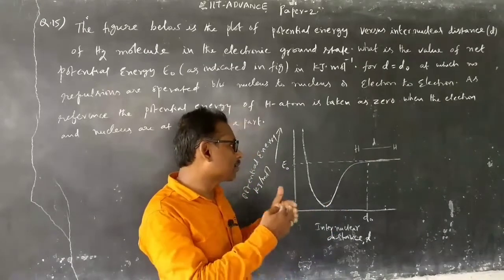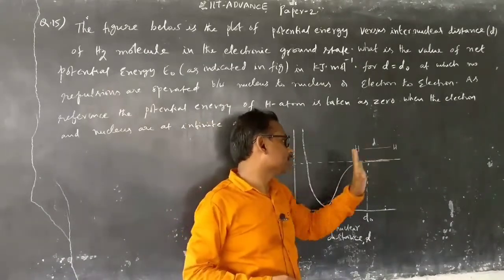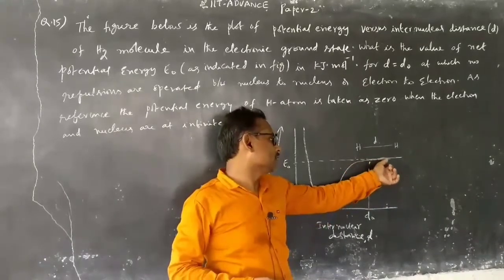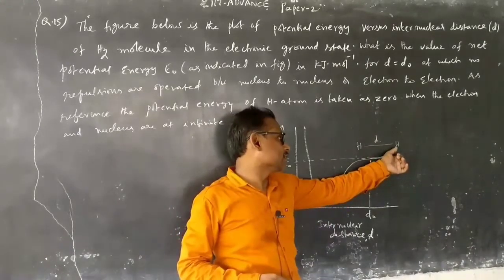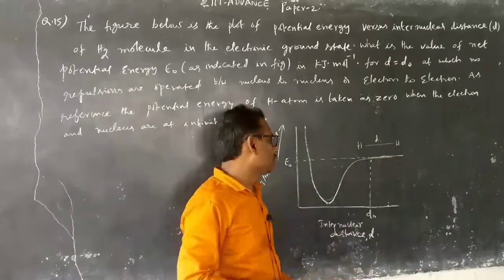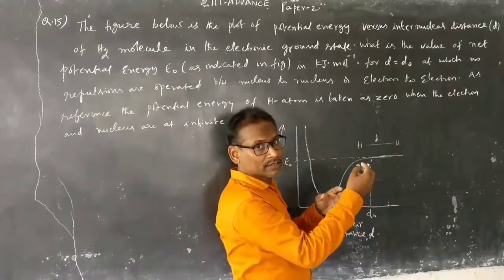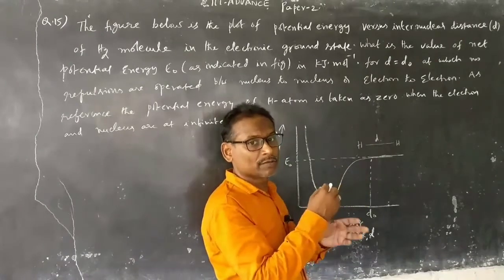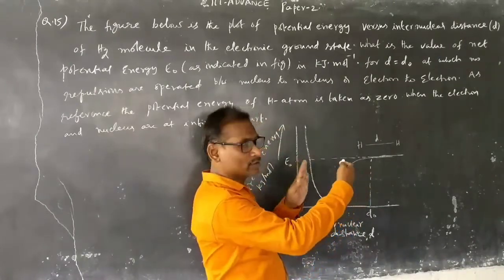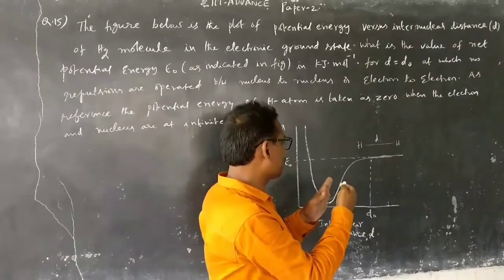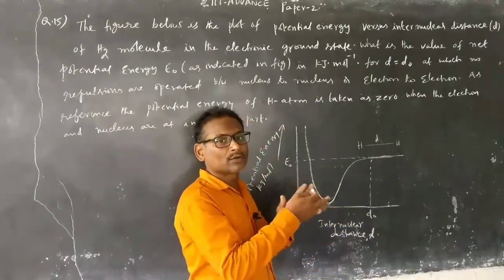At the time of chemical bond formation between two hydrogen atoms, initially the hydrogen atoms' energy is taken when they are at infinite distance, and normally we say the energy will be 0. But once they come closer and closer, at one moment we can say there is no attraction and no repulsion.